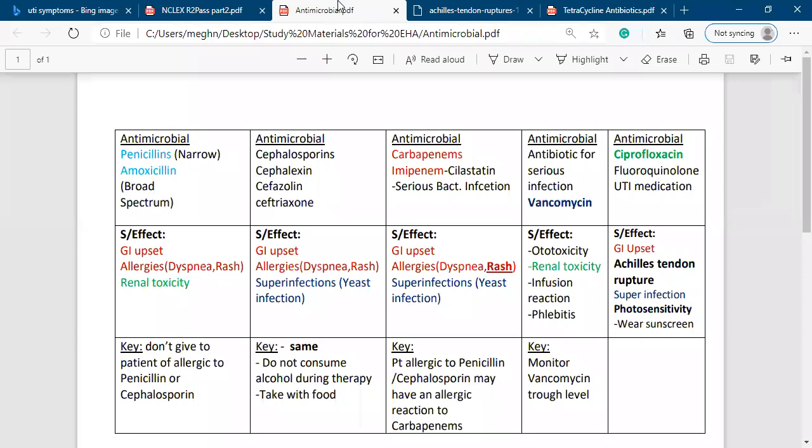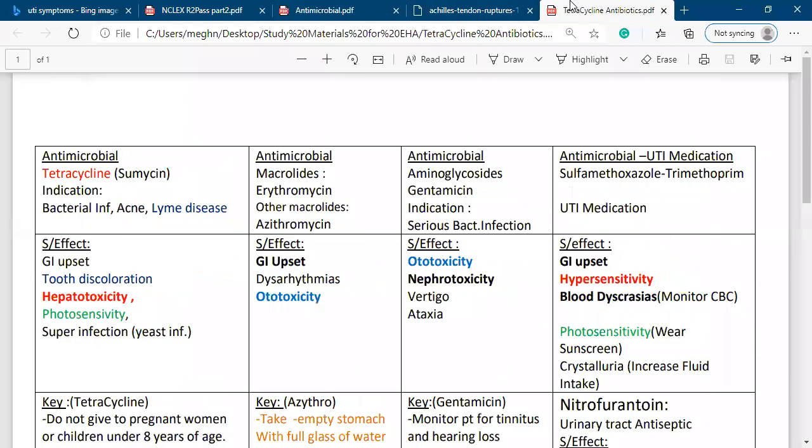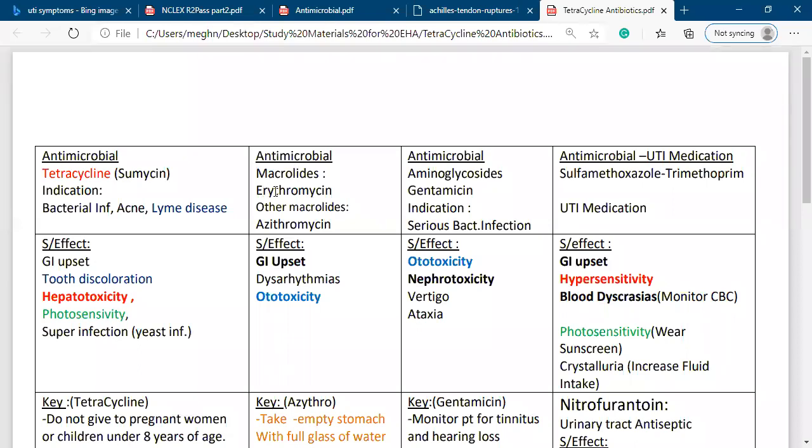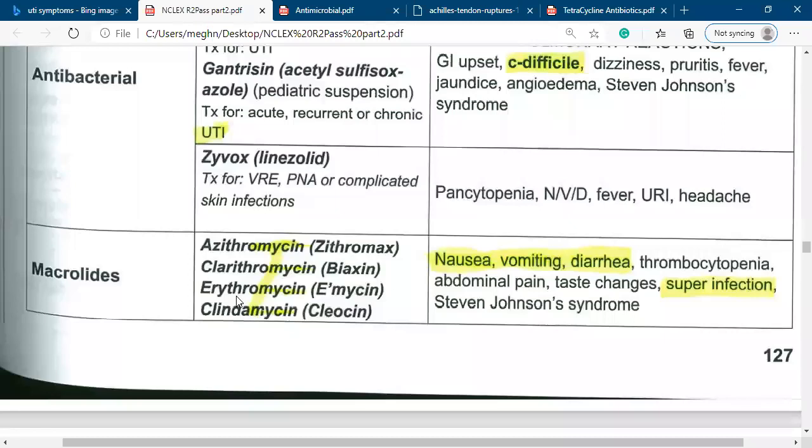So all of them together, we talk about the macrolide. Examples of this class of antibiotic are erythromycin, azithromycin, right? Clindamycin, erythromycin, clarithromycin, or azithromycin.